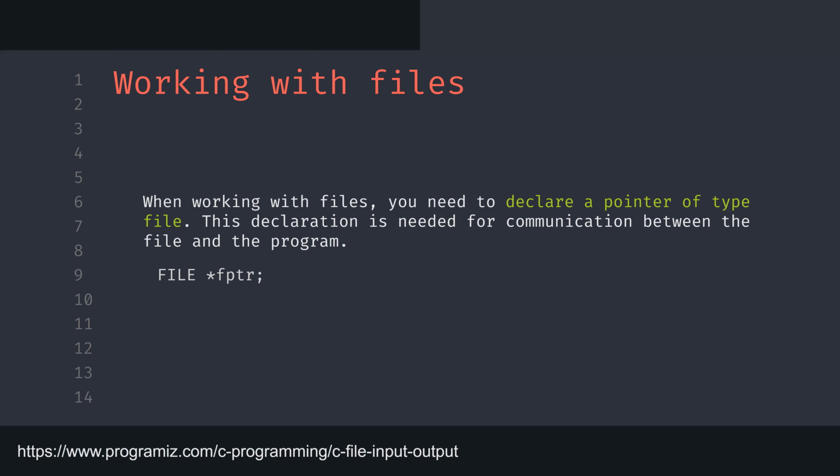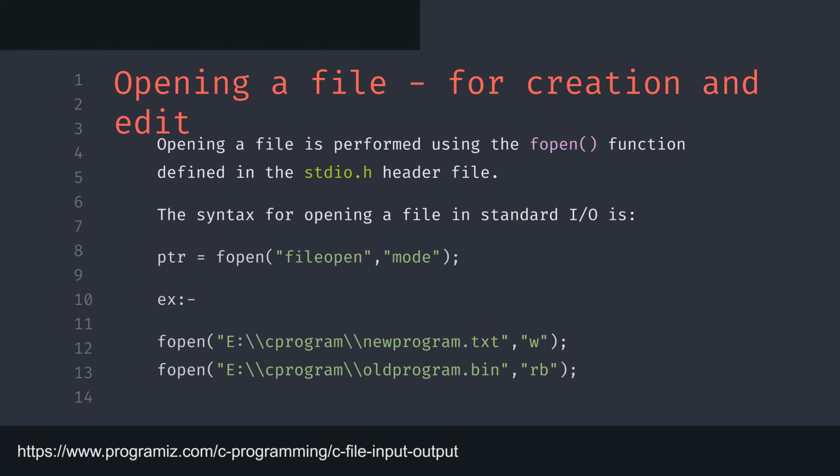In C, what we are using is declaring a pointer of the type FILE, and we are going to communicate with that file through it. So this is the example: this is the type FILE, and this is the pointer. And we need to use the stdio.h header file in order to use these pointers and all.